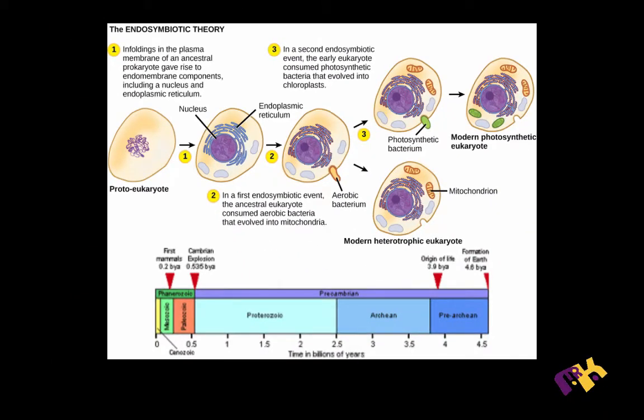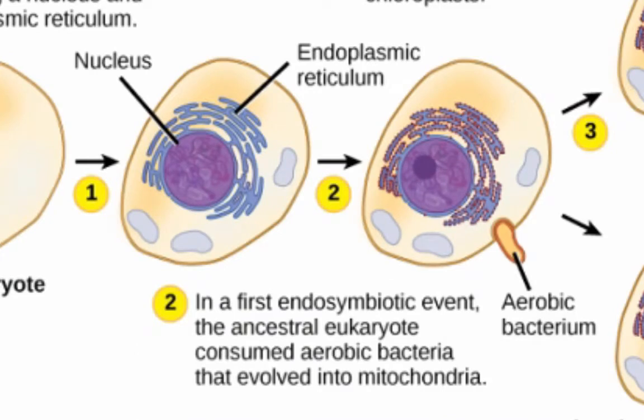The second event that happened was the first endosymbiotic event, where we had a nearby bacterium that actually knew how to go through cellular respiration. So it was an aerobic bacteria, one that could use oxygen to break down simple sugars.